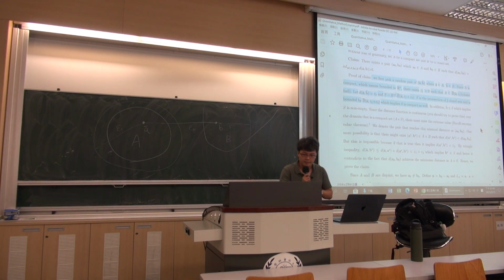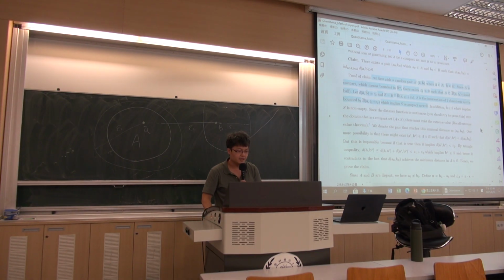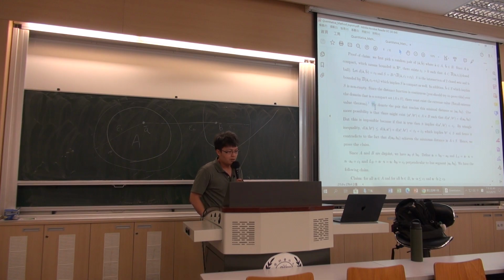Then, since the distance function is continuous, which is your homework, I'm not going to prove it here, and this is a function over a compact domain, there must exist an extreme value. This is the extreme value theorem, which we have proved before.